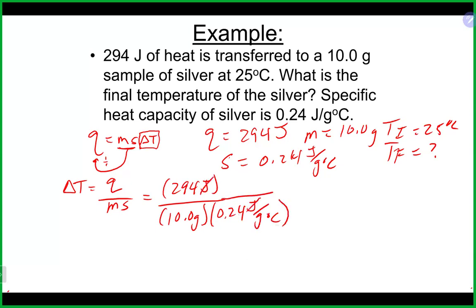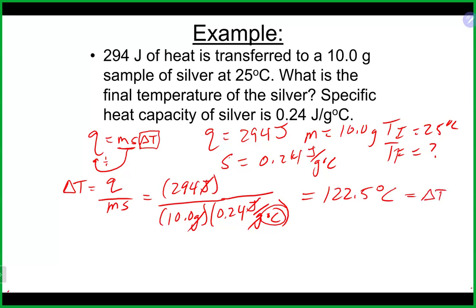The joules will cancel, the grams will cancel, my degree Celsius will flip to the top when I divide, and that's going to give me 294 divided by 10 divided by 0.24. That's going to give me on the calculator 122.5 degrees Celsius. This technically equals our change in temperature.